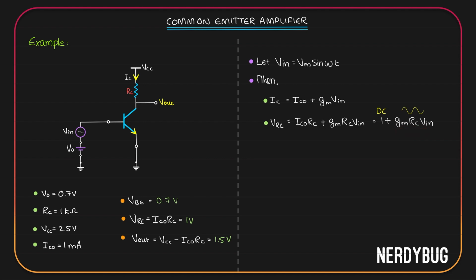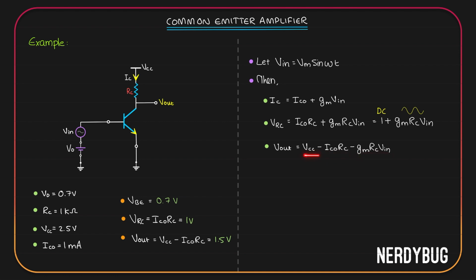Finally, I want to find out the output voltage. Just like we did earlier, I have applied VCC. Out of that, IC RC will be dropped across RC. The rest I will get as the V output. So V output will be VCC minus IC RC. But IC is IC naught plus gm V input. So we can write VCC minus IC naught plus gm V input, multiplied by RC. Or we can write VCC minus IC naught RC minus gm RC V input.